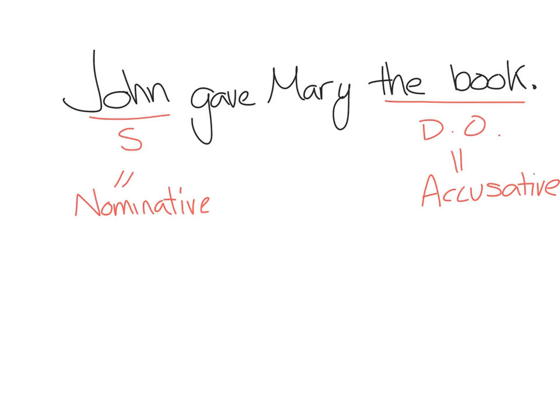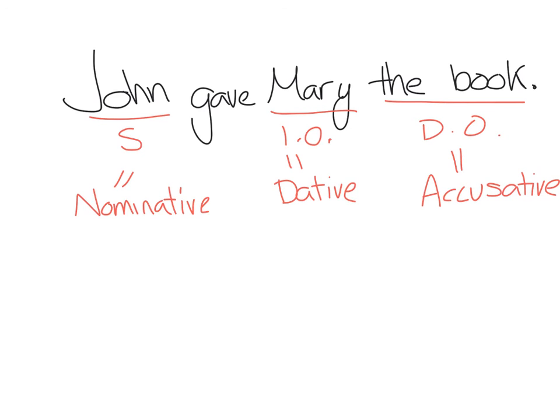Who did he give the book to? Well, the receiver of the book is Mary. So the receiver of an item is usually an indirect object. And it's usually a person or some living being that can receive something. And indirect objects are dative.